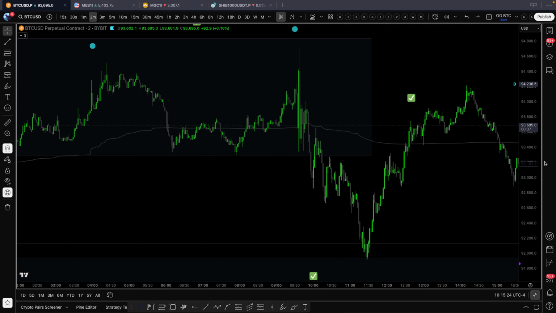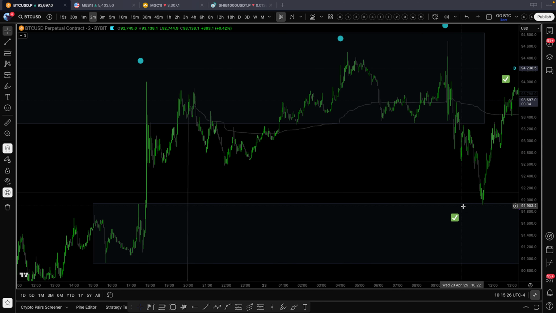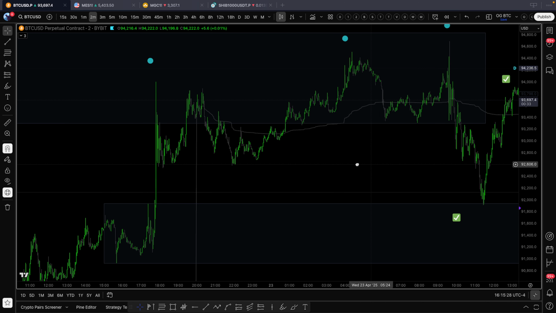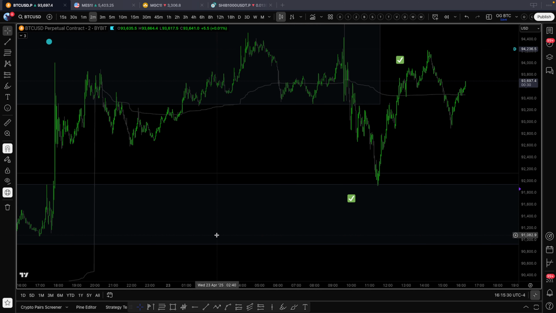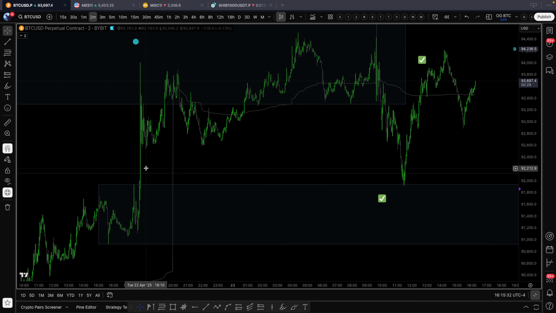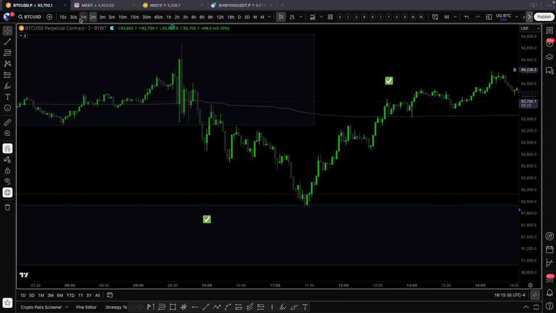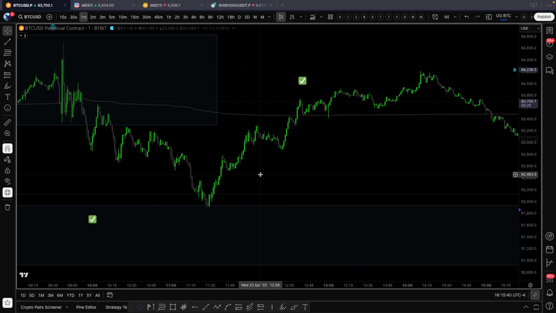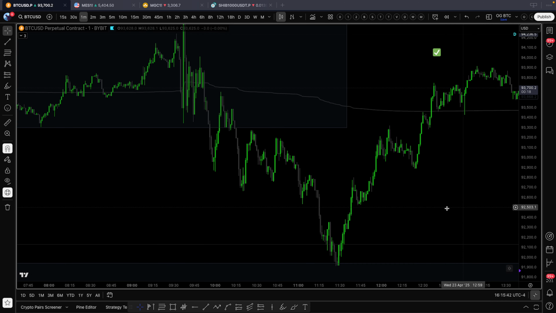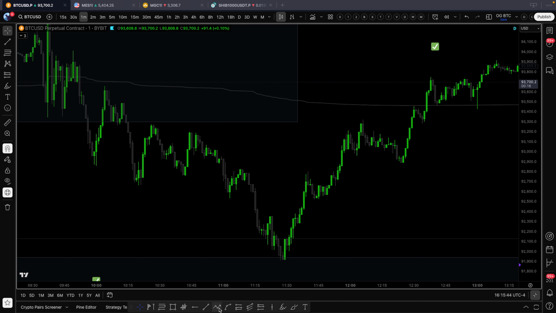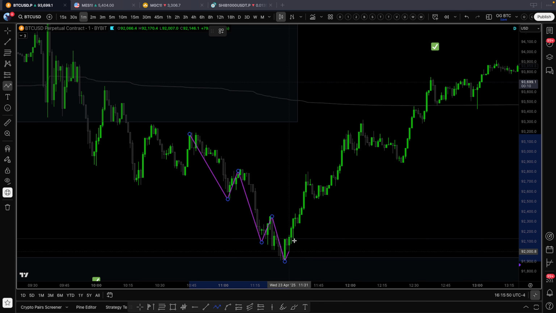Moving on to the next, we had this really nice level of demand, also an order block with an imbalance. And we can see here, coming down on the 1-minute time frame, we had our structure. This was your break here.